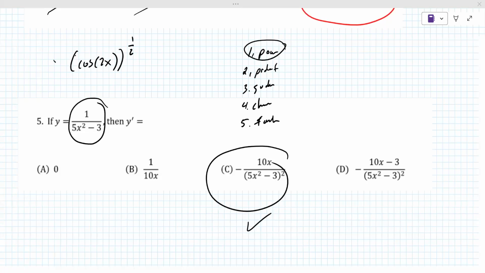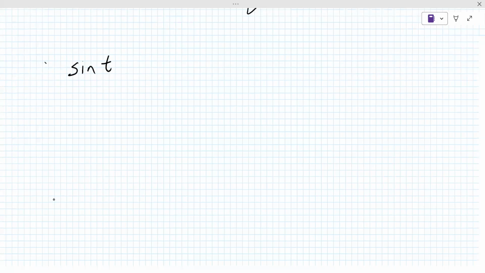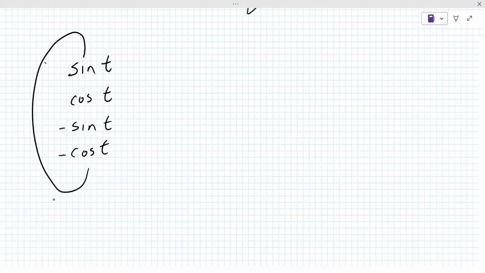Okay, 6 has got something to it here. Before I grab 6, there's this progression that I hope you've seen in class: if you start with sine, the derivative of sine t is cosine t, the derivative of cosine is minus sine t, and the derivative of minus sine t is minus cosine t, but then it goes back.